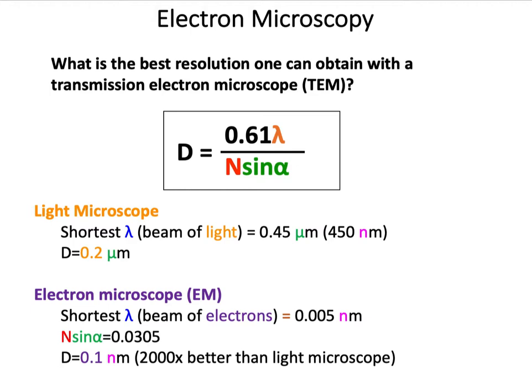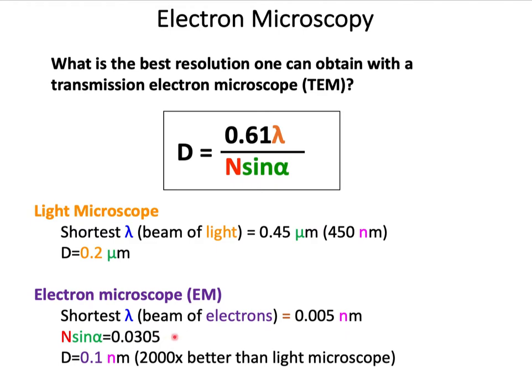So let's calculate the resolution of a typical electron microscope using the formula. What is the best resolution one can obtain with a transmission electron microscope, or TEM? As you can remember from the light microscopy, the best resolution was about 0.2 microns. The wavelength of electrons is 0.005 nanometers.